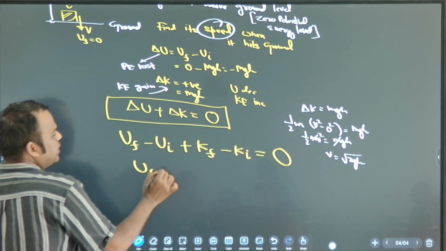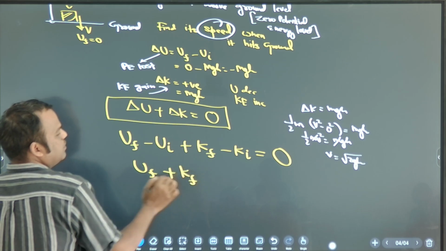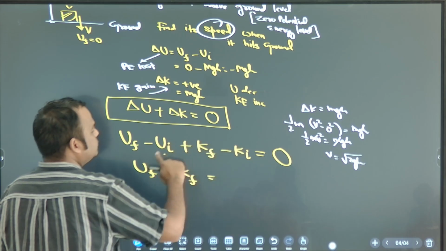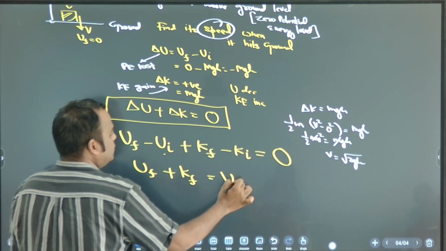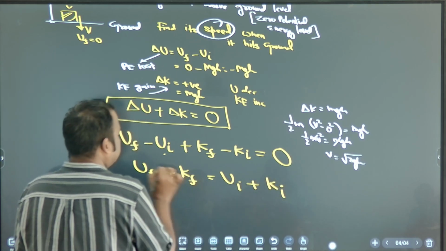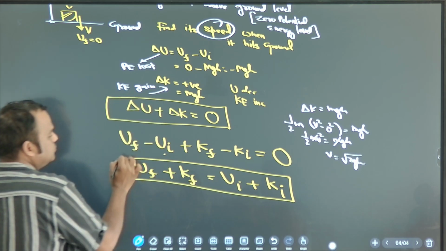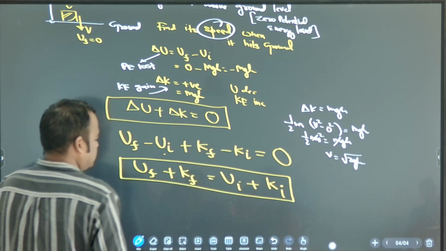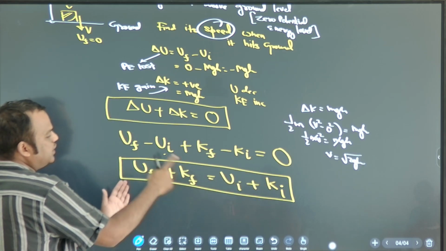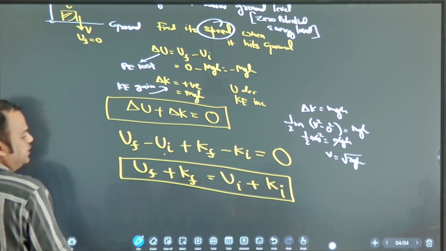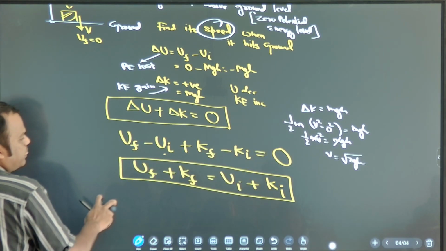So U final plus K final is equal to U initial plus K initial. Understood? This is the final mechanical energy and this is the initial mechanical energy. Clear? Note down.